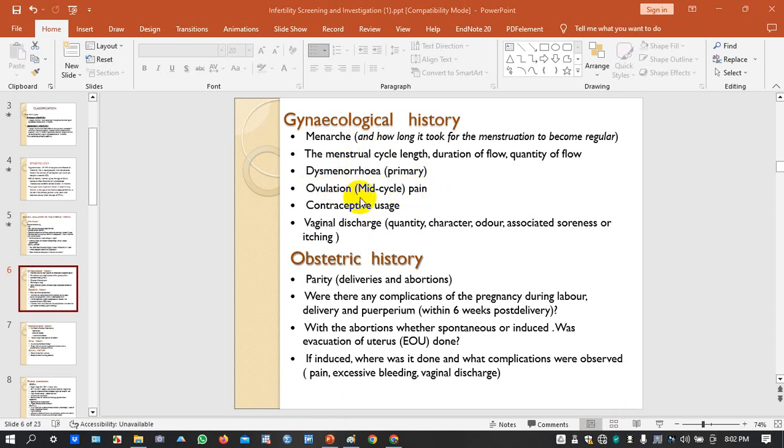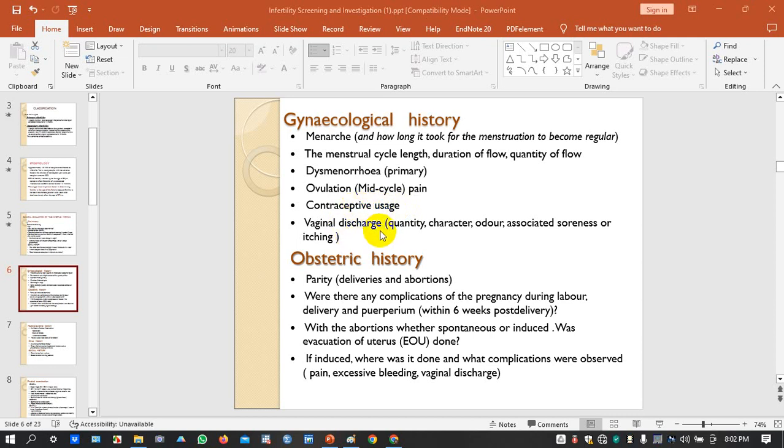Do you have pains? Have you been using contraceptives like Lydia and Postinor 2? They are emergency contraceptives and they tend to cause imbalance in estrogen and progesterone levels or hormonal levels. Even follicle stimulating hormone and luteinizing hormone levels can be affected.